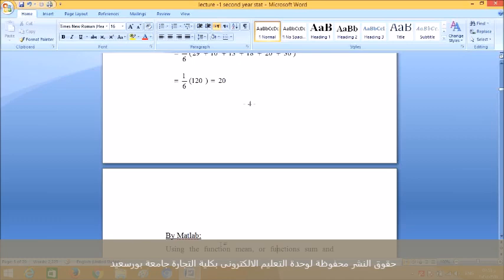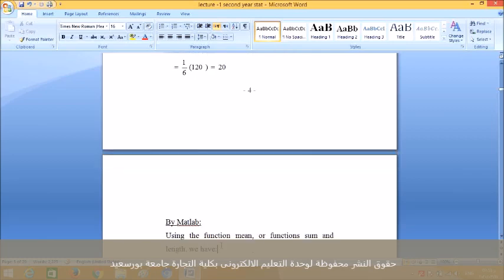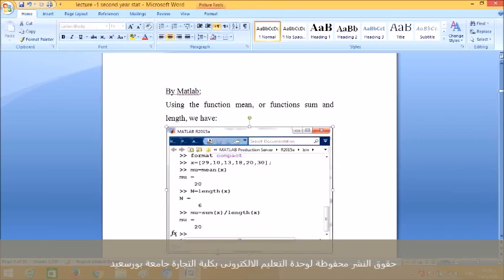By MATLAB or by programs, we have to use the function mean, or maybe use the function sum and the length, as you see. So it's better to use mean of x.